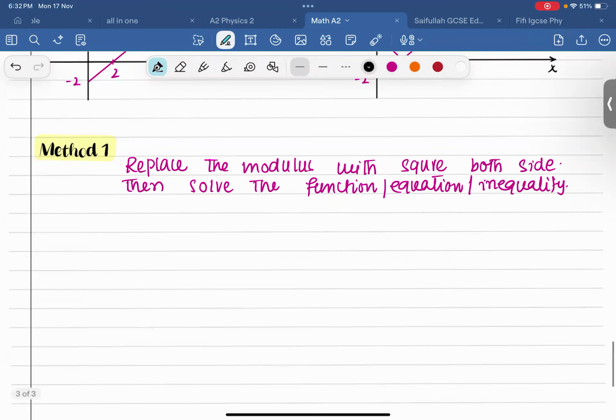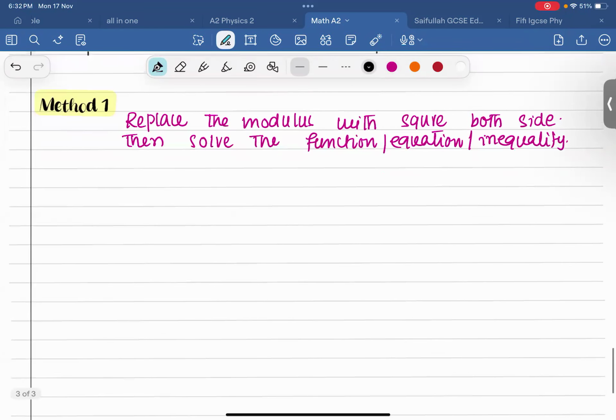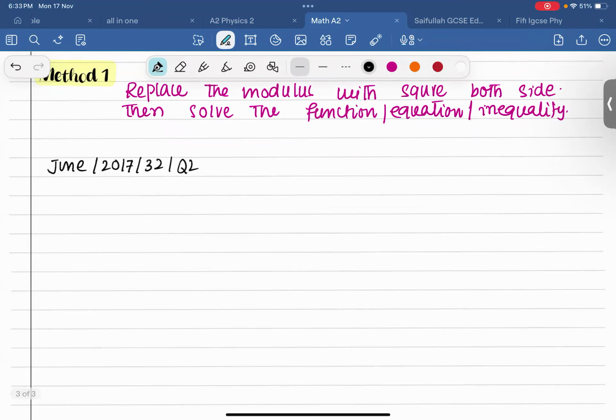Let's say I have an inequality. It's a question regarding June 2017, variant 32, paper, question number 2. The question says: solve the inequality where you have |x - 3| and |3x - 4|.